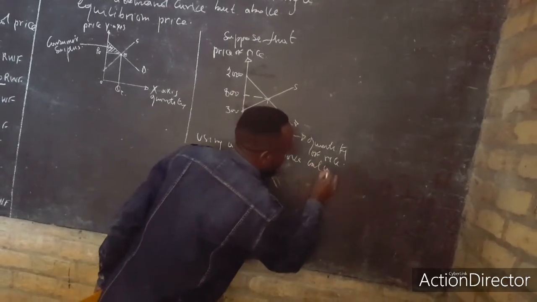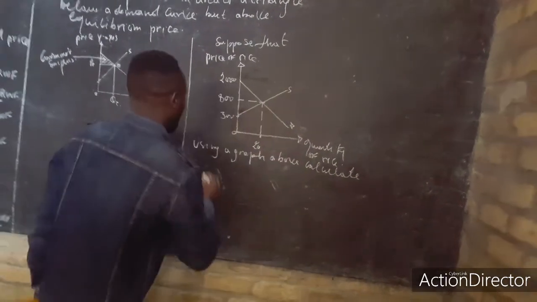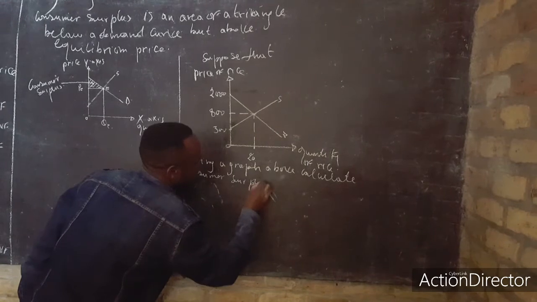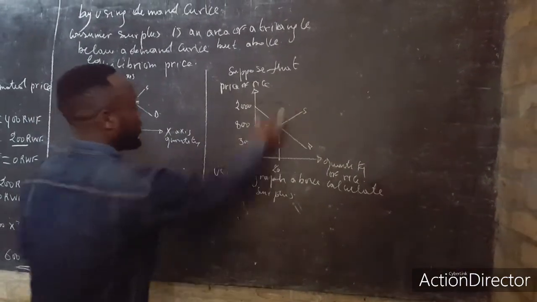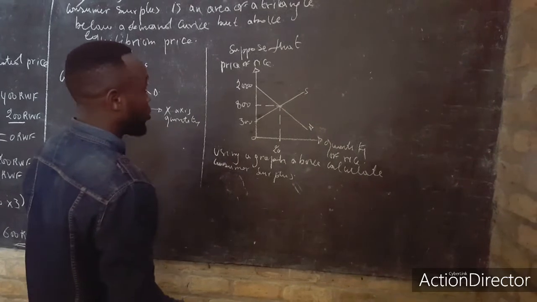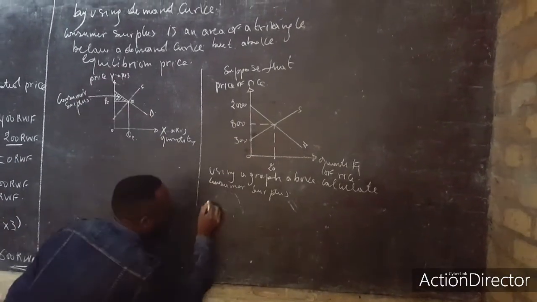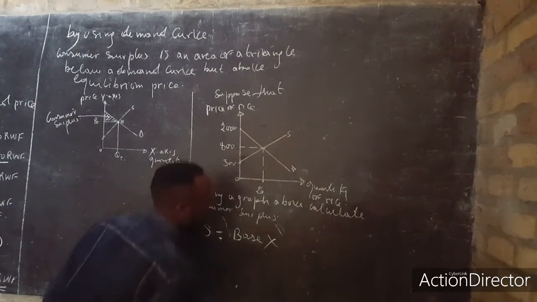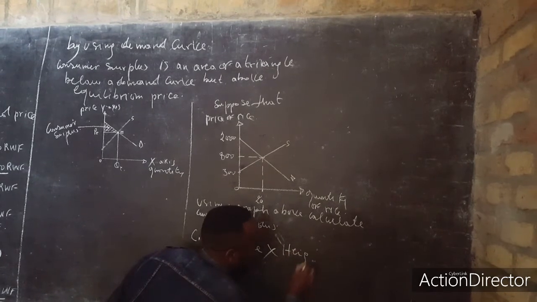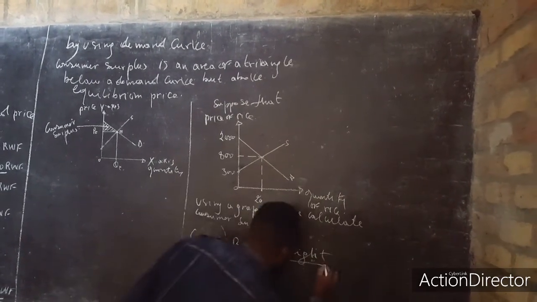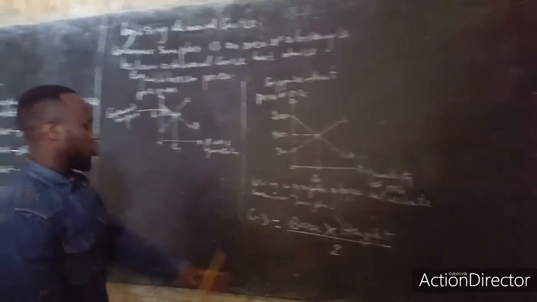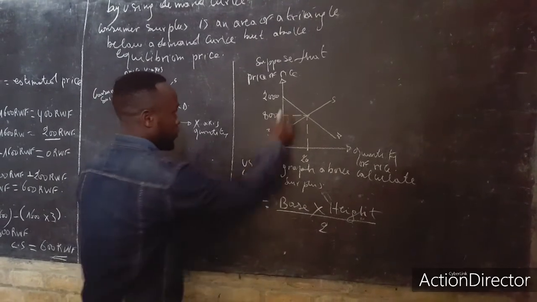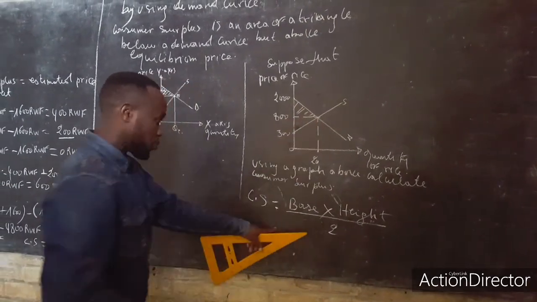Calculate consumer surplus. Consumer surplus in this situation is equal to base times height divided by 2. To calculate consumer surplus here is to calculate the area of a triangle.